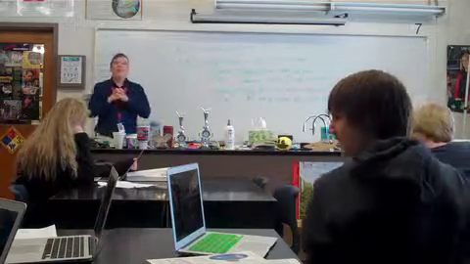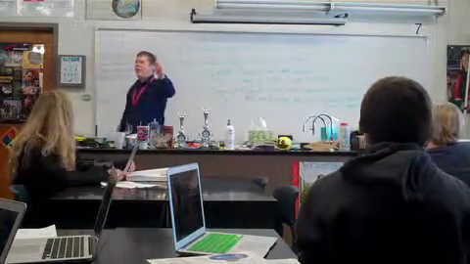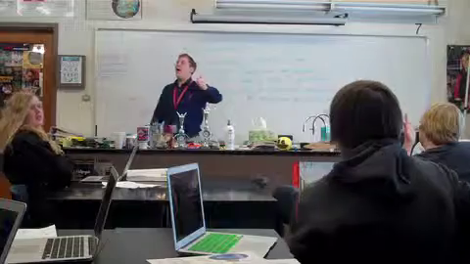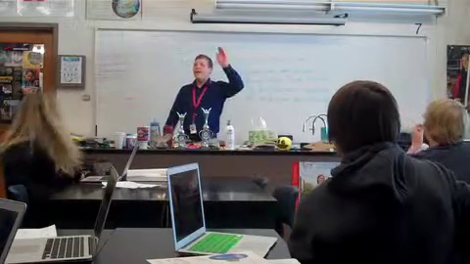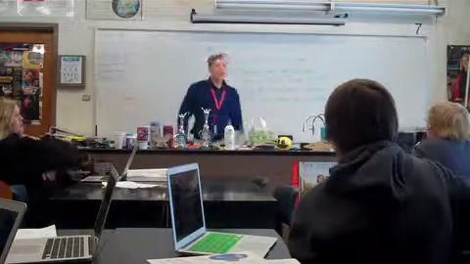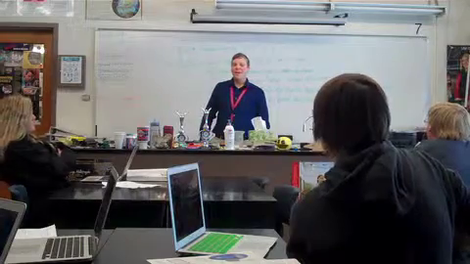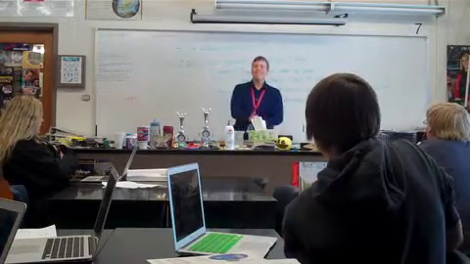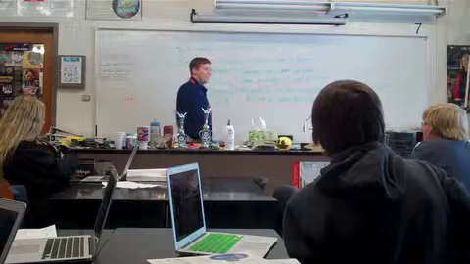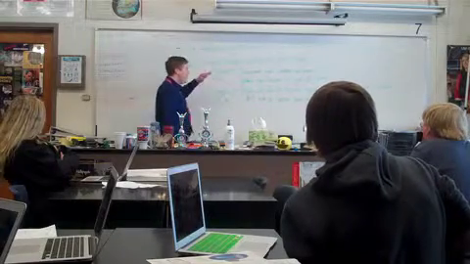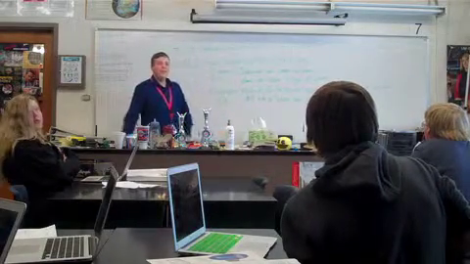Okay, here's a classic example of a compound that's a pure substance, and this is one you all should know. What's the formula of water? H2O. But it's made of two or more things. Yeah, it is. So it's not a pure substance, because pure substances are made of one thing.